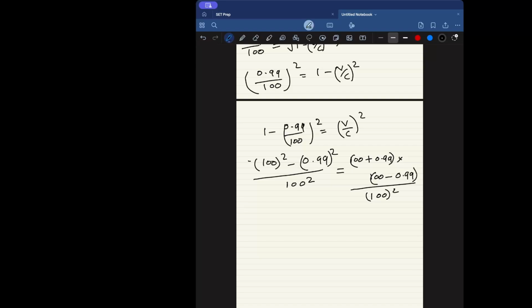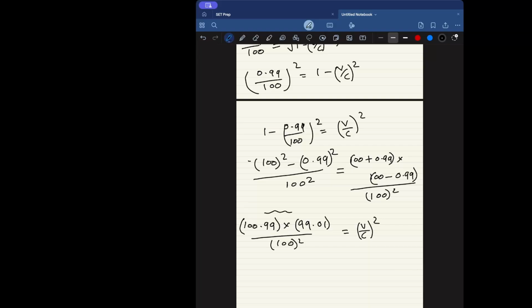And this product is 100.99 multiplied with 99.01 divided by 100 square, and this is equal to (v/c) square.